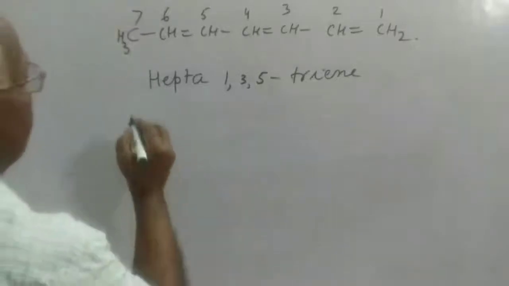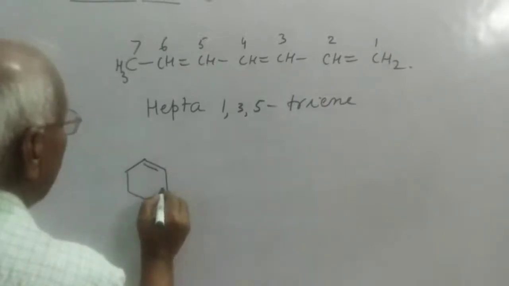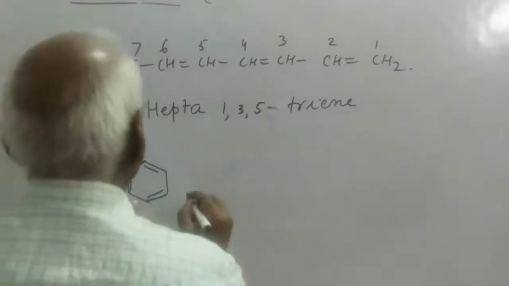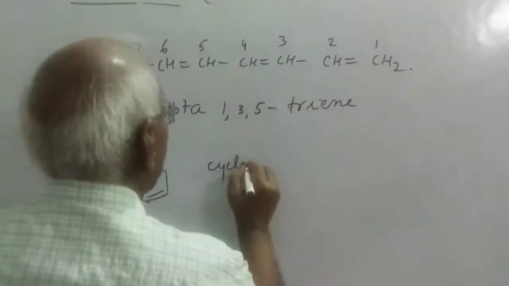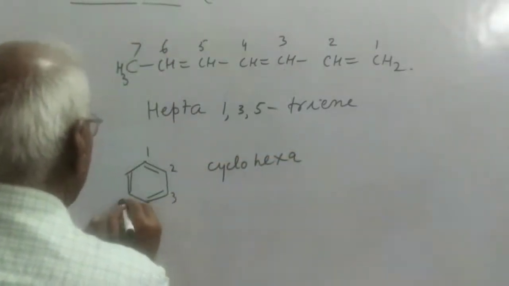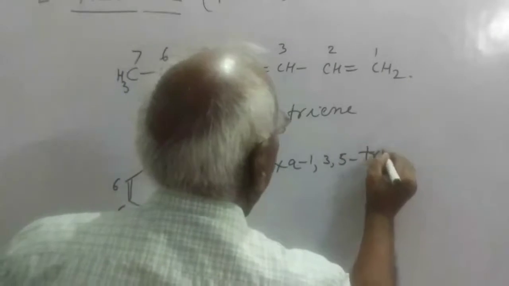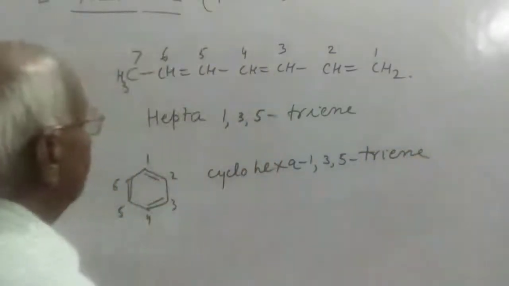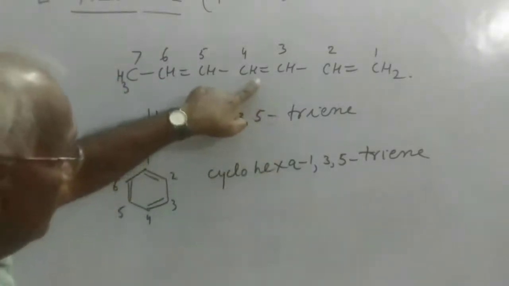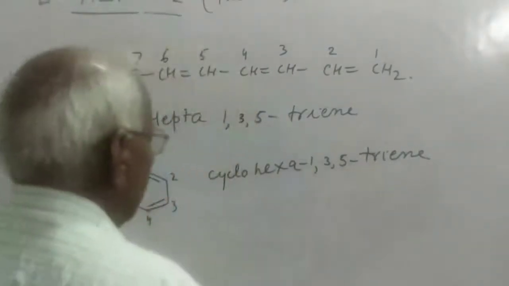In this context, it is necessary to tell you that if it is a cyclic compound like this, with 3 double bonds, its name would be cyclohexa, numbering 1, 2, 3, 4, 5, 6, so 1,3,5-triene. The above compound contains 3 double bonds, so it is a triene, but this is wrong.